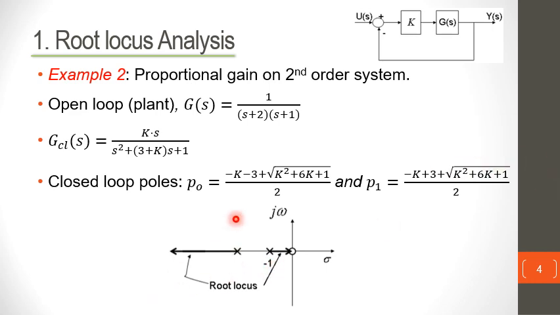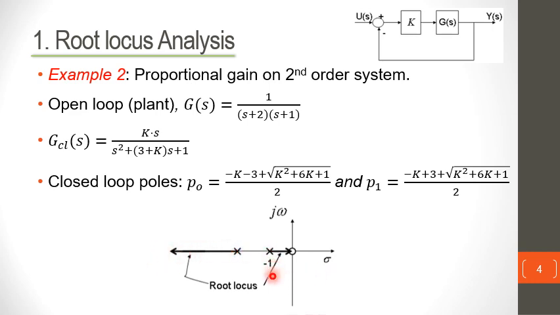Now, if you look at what happens as k goes to infinity, if you use these two equations, you will see that the pole P1 will tend towards negative infinity.